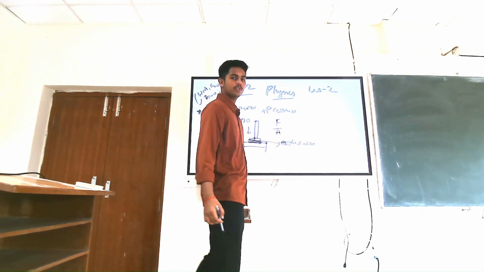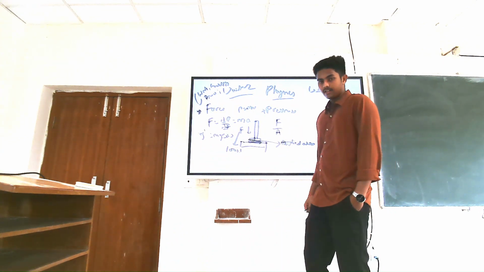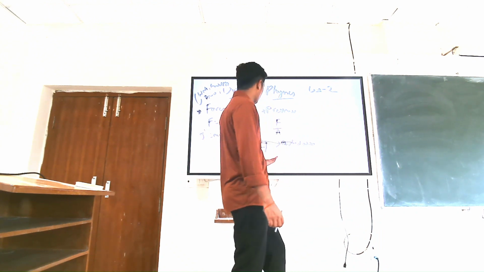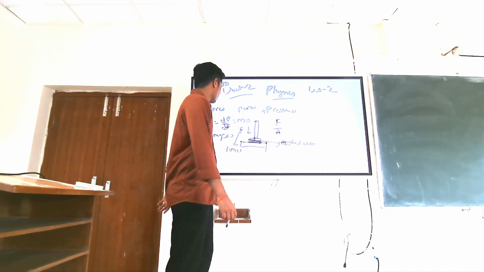I didn't mention what the unit of force is, right? Newton is the unit of force. Before going to units and dimensions, I'll tell you about them after this. So it is 100 Newton.